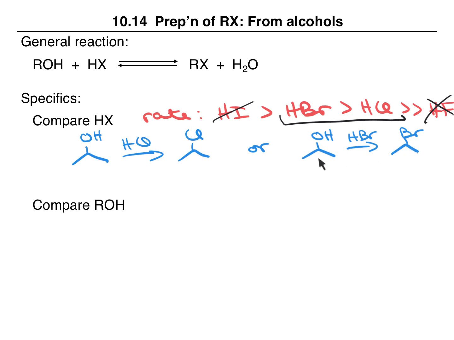Maybe this reaction is done in an hour and this reaction takes 24 hours. Or maybe this reaction would be carried out at room temperature and this reaction has to be carried out at 50 degrees. So we will change the reaction conditions to be able to get the reaction to go to completion.